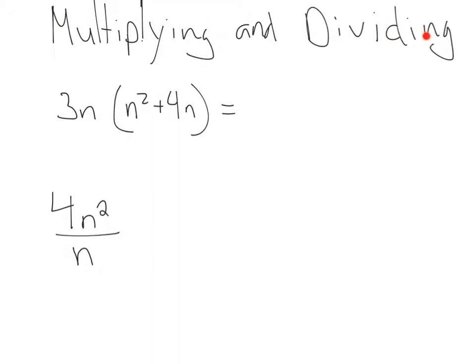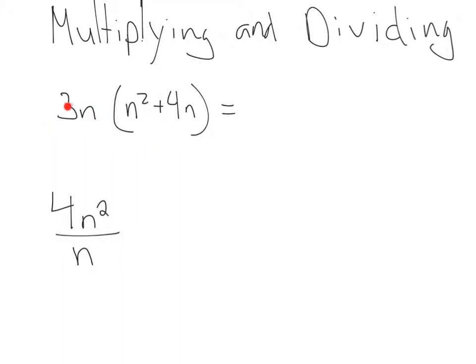Multiplying and dividing like terms. Multiplying and dividing like terms is different from adding and subtracting in that you can multiply a term, for example 3n, by a term with a different exponent or variable.